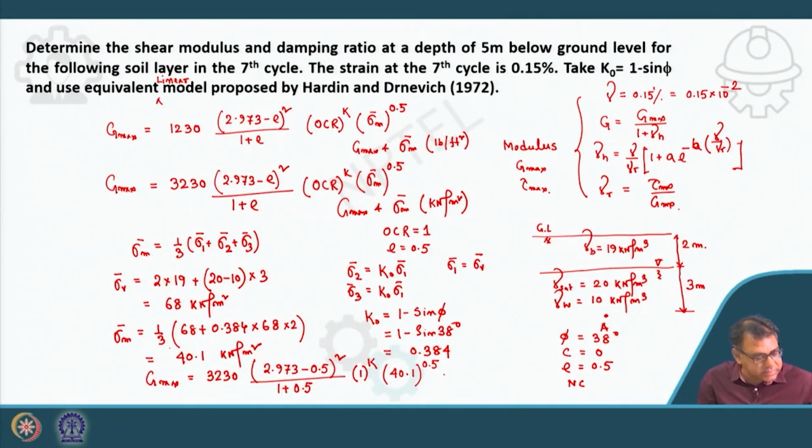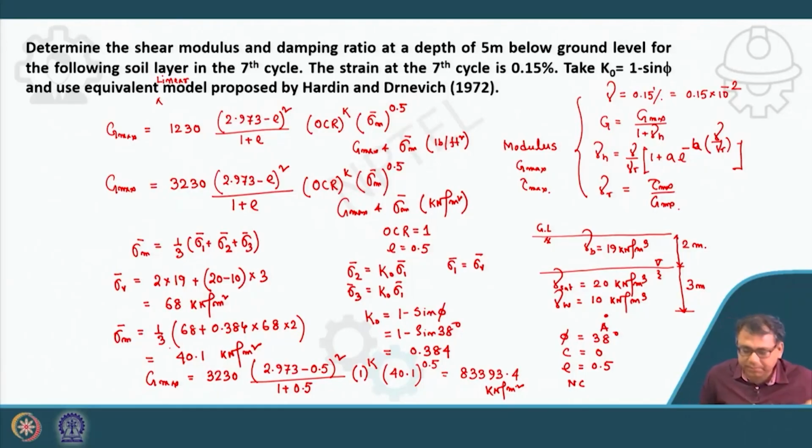So that's why the Gmax value comes out to be 83393.4 kilonewton per meter square. So I have determined the Gmax value.